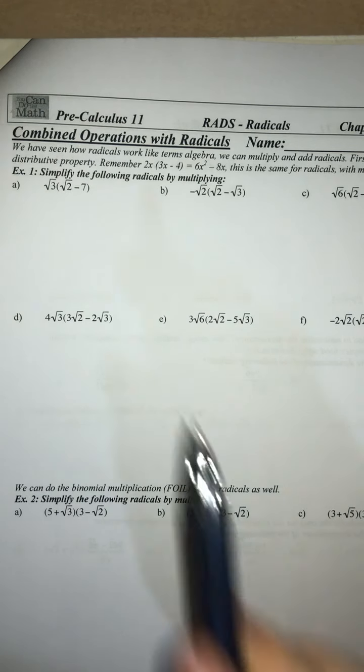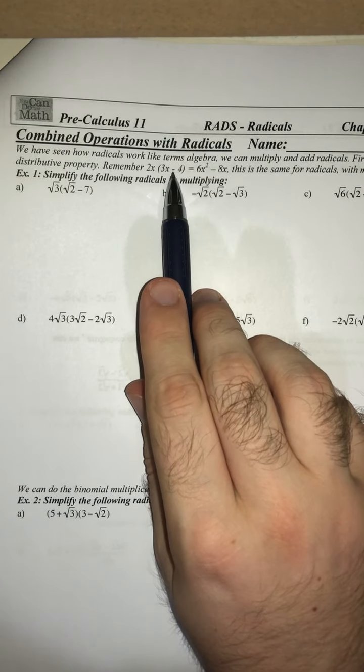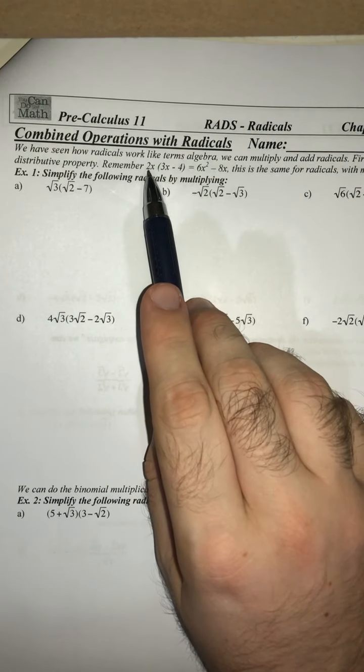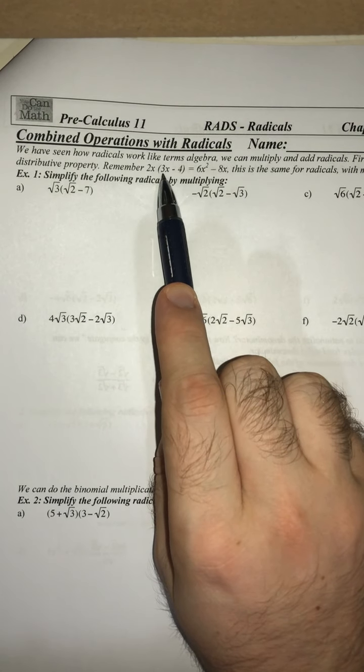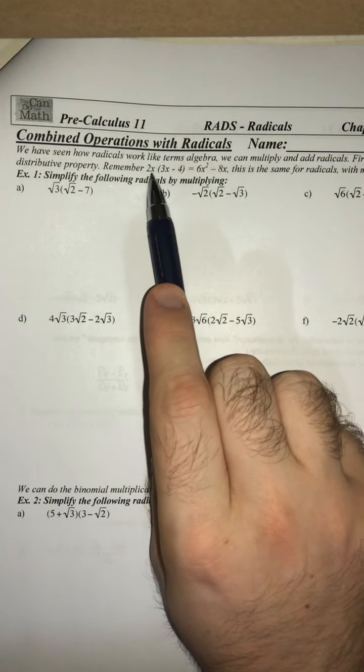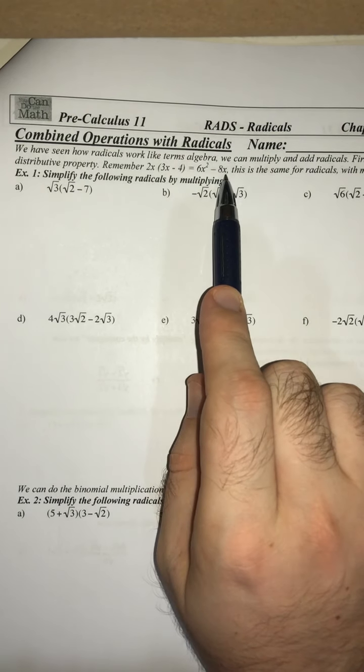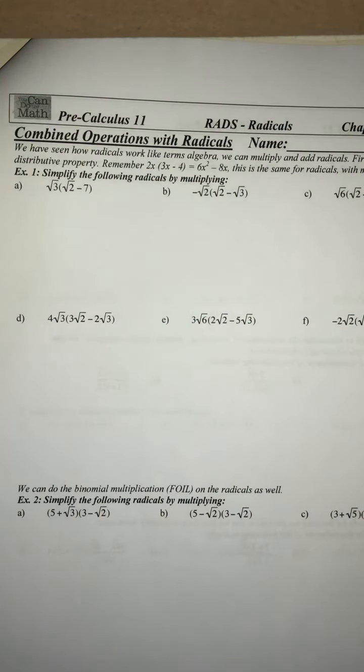So if you remember from something like this, what you're going to do is multiply 2x into the brackets. So 2x times 3x would give you 6x squared. 2x times negative 4 would give you minus 8x. We're going to do the exact same thing, except instead of x's, we got roots.